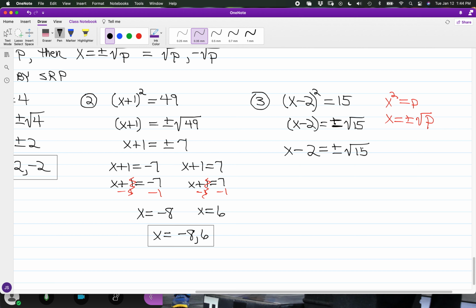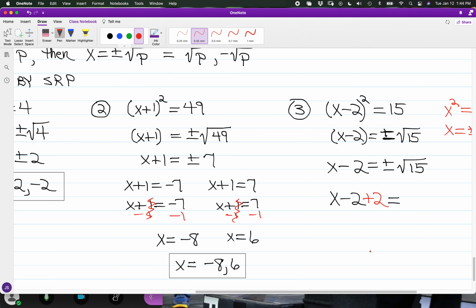Okay, so you have x minus 2 is equal to plus or minus the square root of 15. Let's say I get x by itself now. To get rid of the minus 2, I'm going to add 2 to both sides.